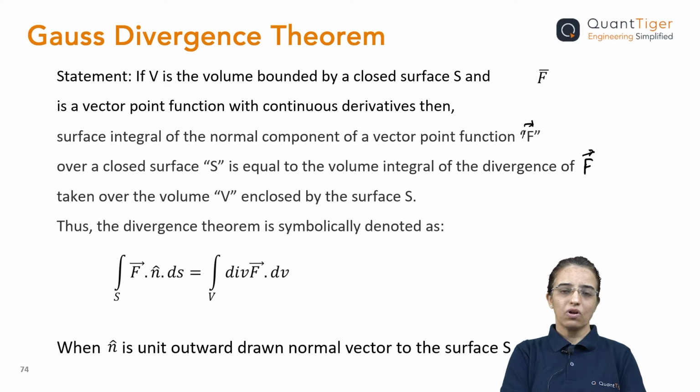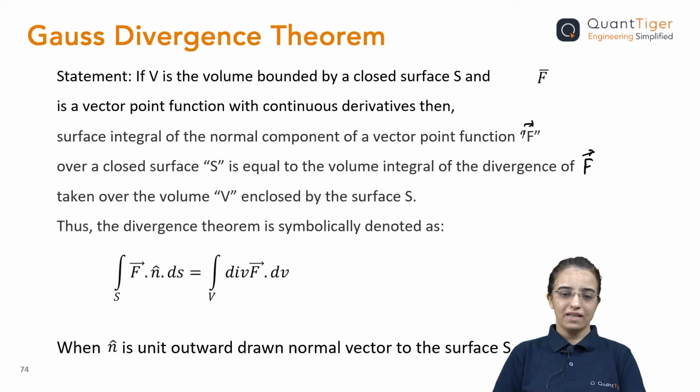In Stokes theorem we learned about the relationship between line integral and surface integral. Similarly, in the divergence theorem we will be learning about the relationship between the surface integral and the volume integral.